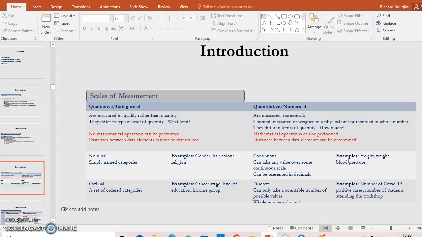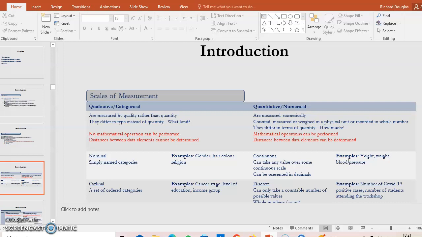Then you have ordinal. Ordinal is a set of ordered categories. If your responses are ordered or arranged in categories in such a way that the first one has a value more than the second one, and the second one more than the third one.